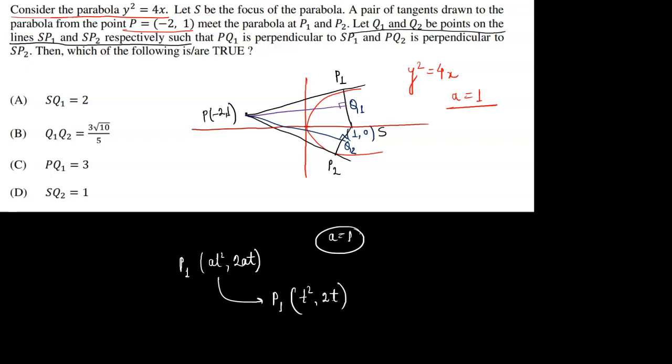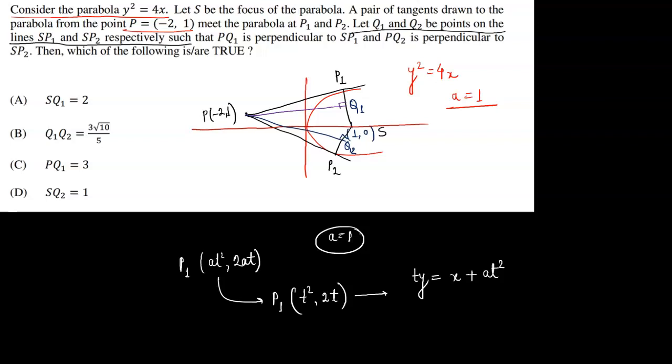Fine. And as you know, a tangent to the parabola in parametric form can be written as follows. If I talk about the parametric tangent passing through this point P1, it will be written as ty is equal to x plus at square. I'm not going through the proof of this equation; you can easily find it in every possible resource of mathematics.